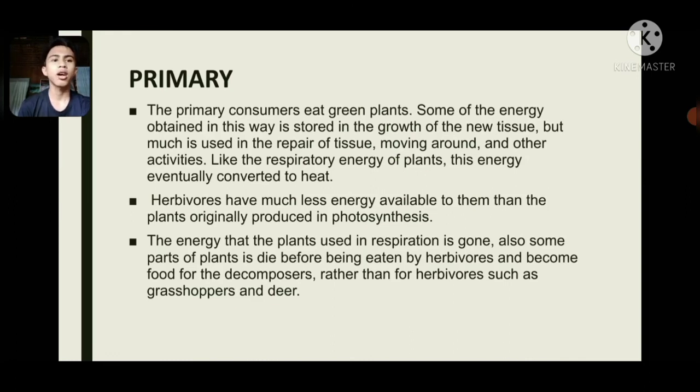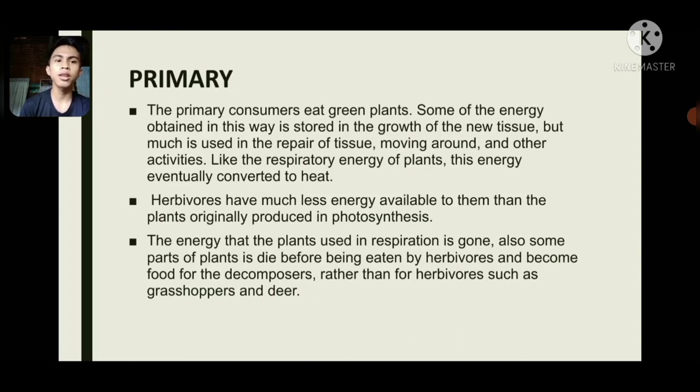Herbivores have much less energy available to them than the plant originally produced in photosynthesis. A herbivore is an animal anatomically and physiologically adapted to eating plant material. For example, cow, goat, horse, panda, and elephant.